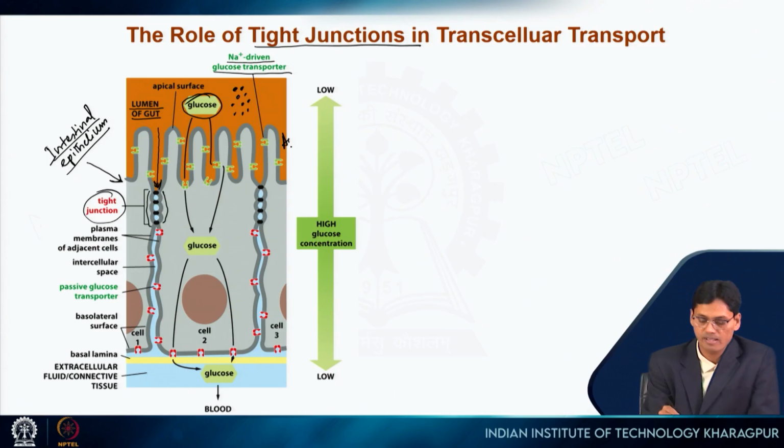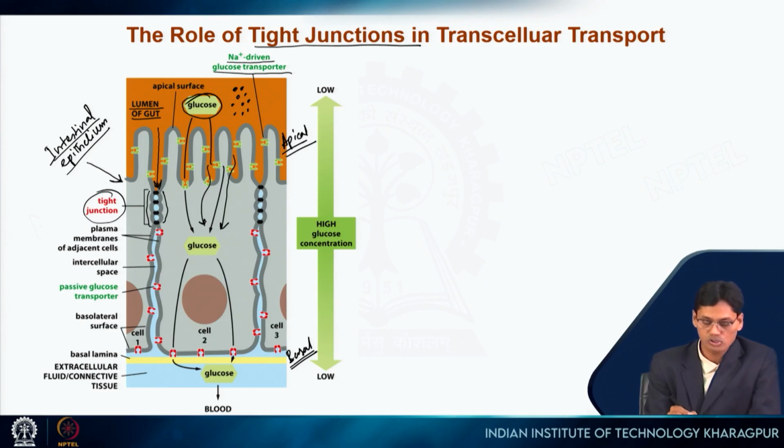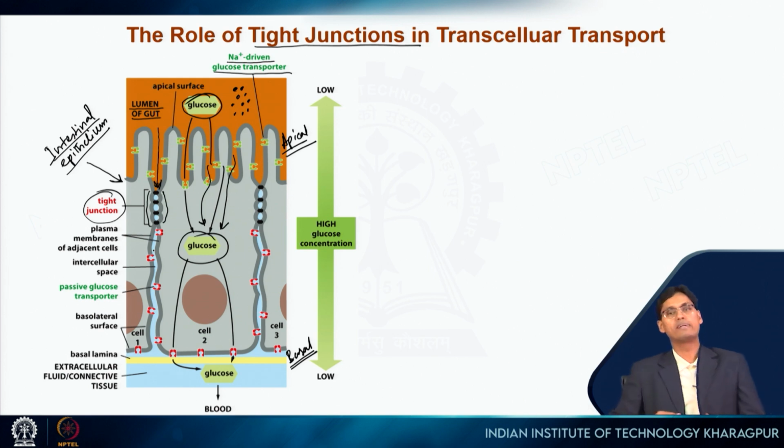So this is our apical side and this is our basal side. You can see the sodium driven glucose transporter. As a result, glucose will enter here, and the glucose concentration will be high.